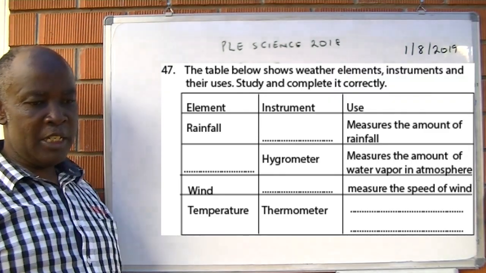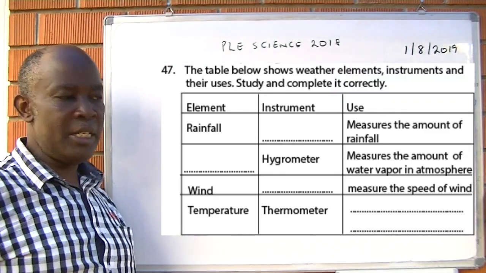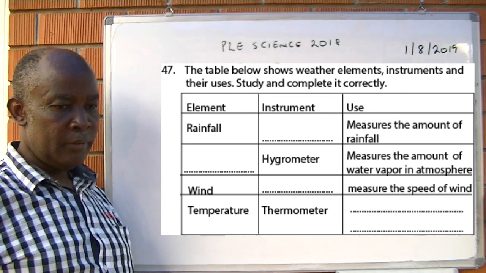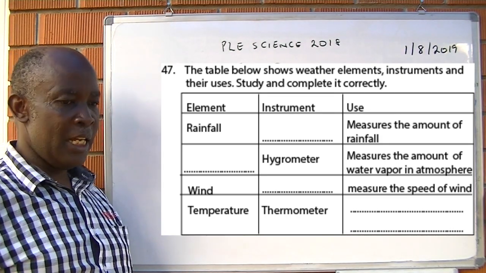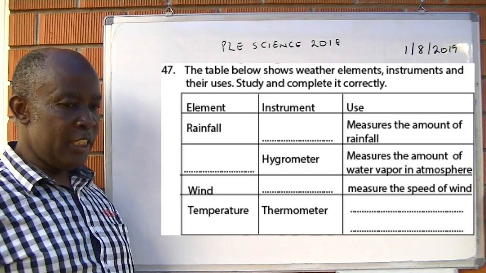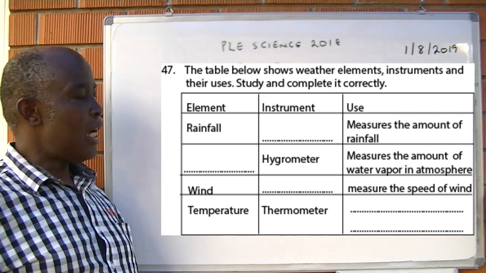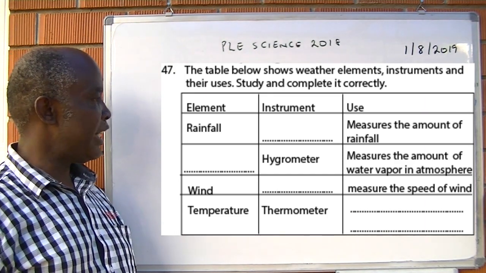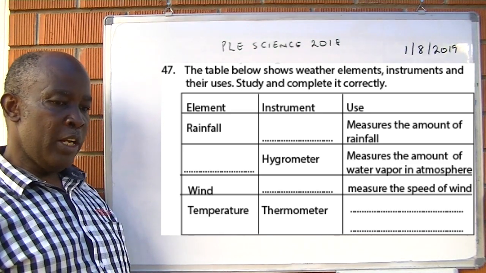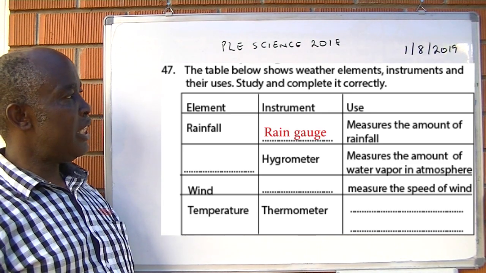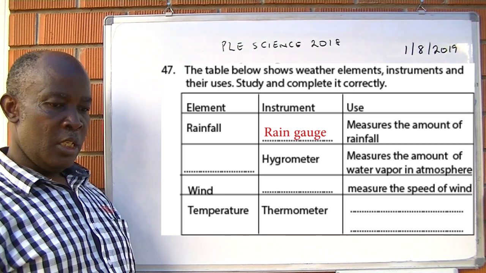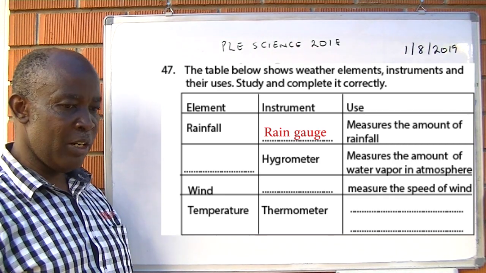Number 47, the table below shows weather elements, instruments, and their uses. Study and complete correctly. Rainfall, we use a rain gauge, measures the amount of rainfall.